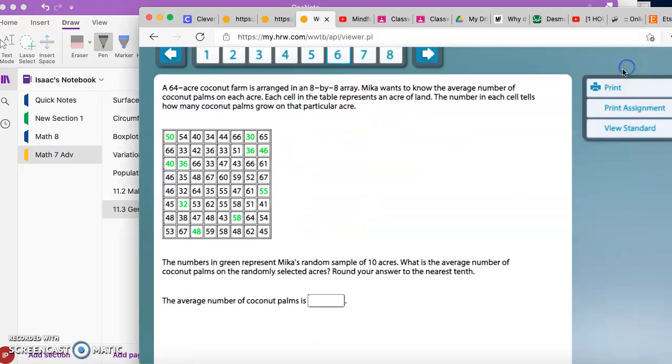Now, granted, this is a convenient situation. Somebody's got a perfectly square grove of palm trees, right? Most real-world situations won't be quite as easy to put into a grid. But even if we were doing something like asking 100 people their shoe size, and taking the mean of those 100 people, we didn't answer right away, right?